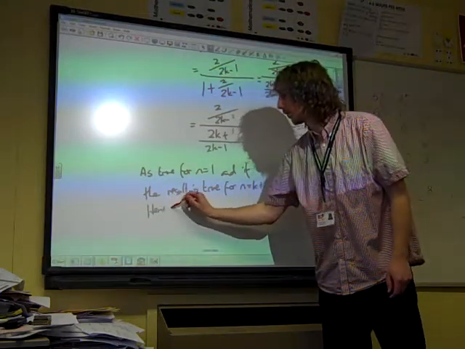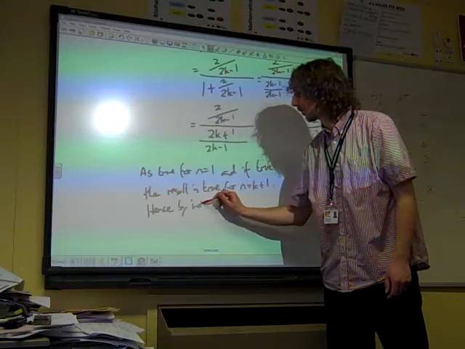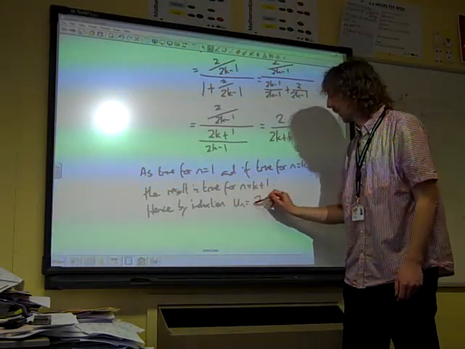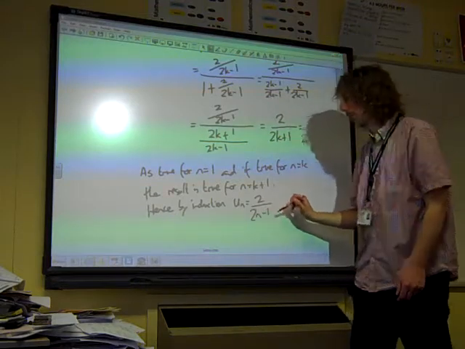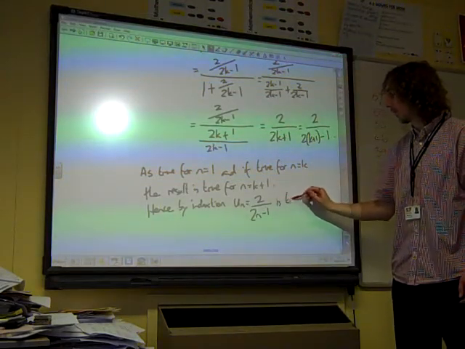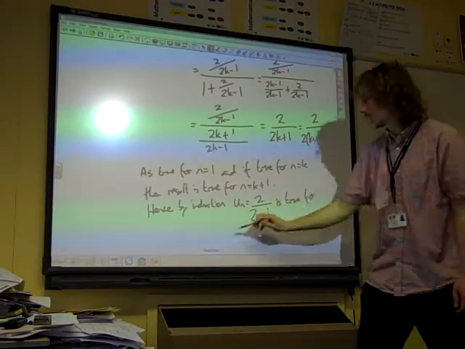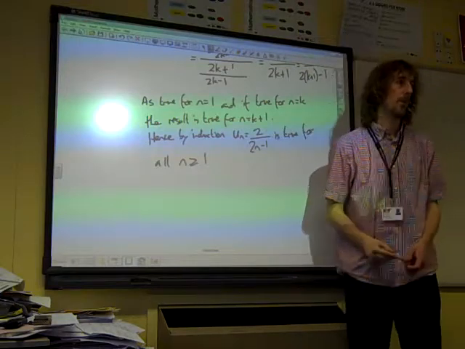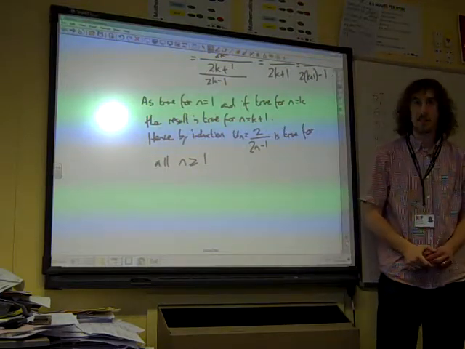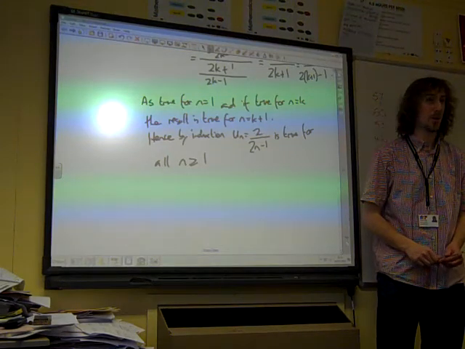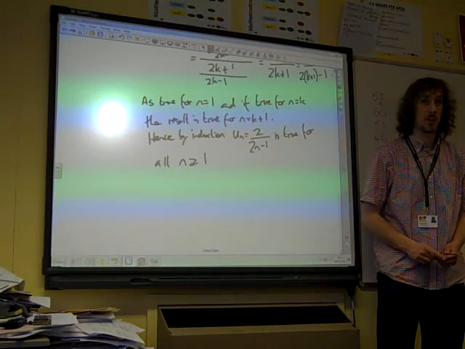Hence, by induction, Un is 2 over 2n minus 1, is true for all n greater than or equal to 1. We have to have some kind of statement at the end of it to show that we've done it. That was it. I thought that was quite a nice ending for the paper, actually.